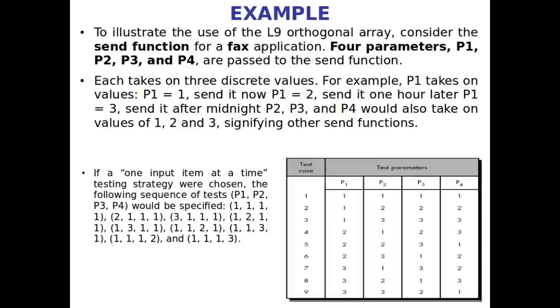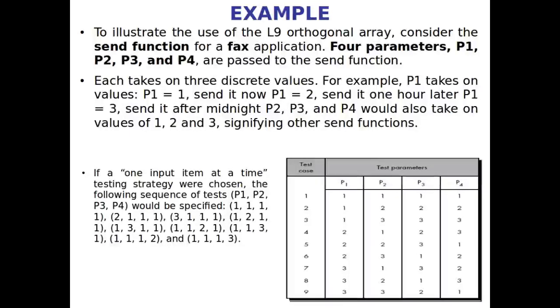To illustrate the use of L9 orthogonal array, consider the send function for a fax application. 4 parameters P1, P2, P3 and P4 are passed to the send function. Each takes on 3 discrete values.